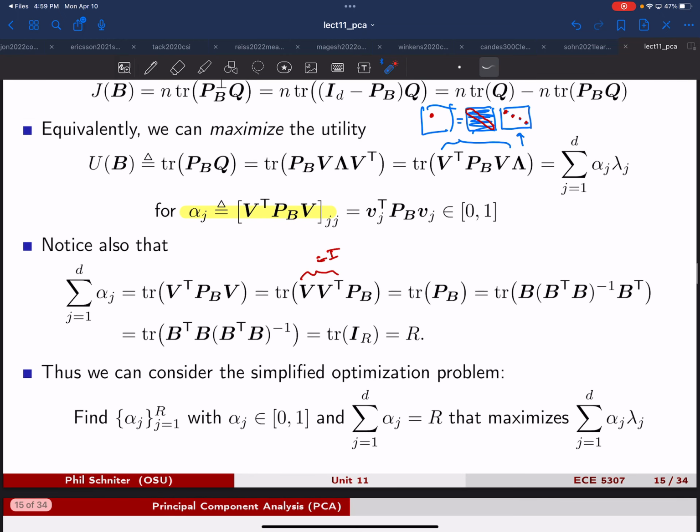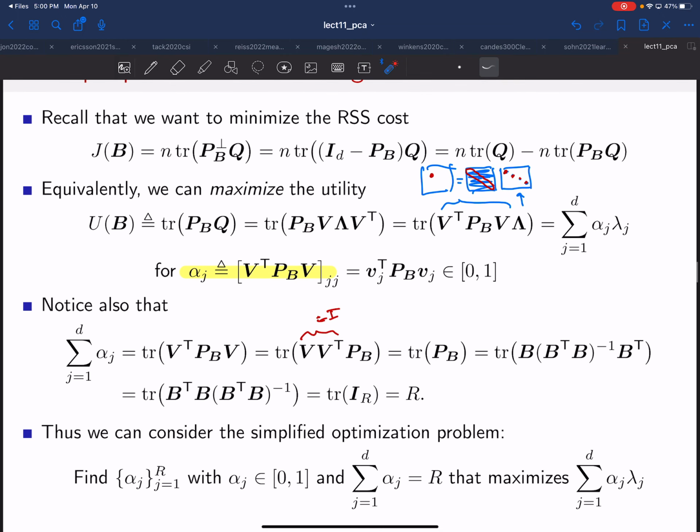Let's see, we sort of saw this. We know this is true. Let's see, how do we get this exact statement?